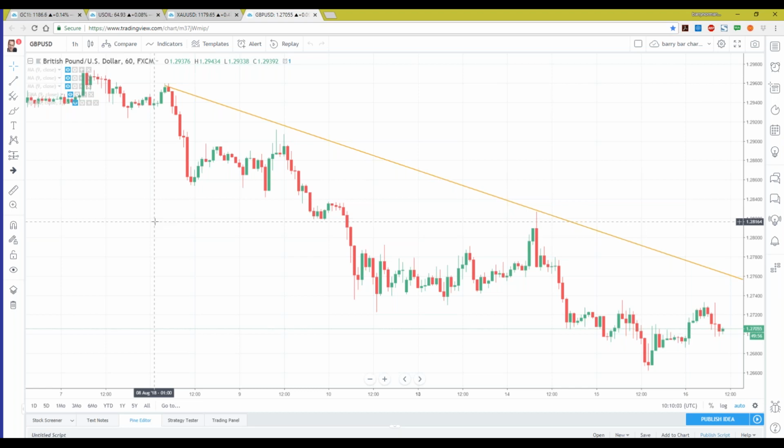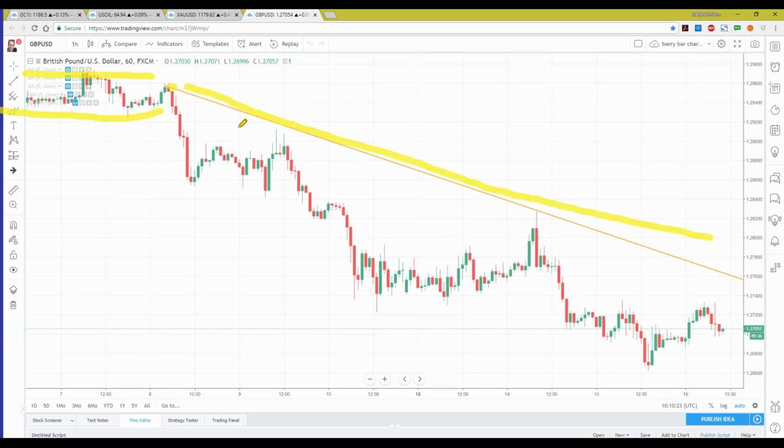Now, understand there are only 3 types of trends. There's an uptrend, a downtrend, and a sideways or congestive trend or range-bound trend. This would have been considered a sideways trend here. Then we moved into a focused downtrend. And this is a beautiful downtrend because price doesn't move in a straight direct line.